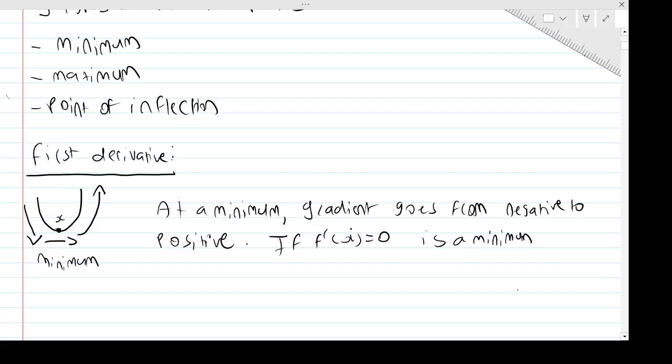So let's say we subtract a very small number, so f dash of x take away 0.01, let's say. Then that has to be negative, since it's the decreasing part of the curve.